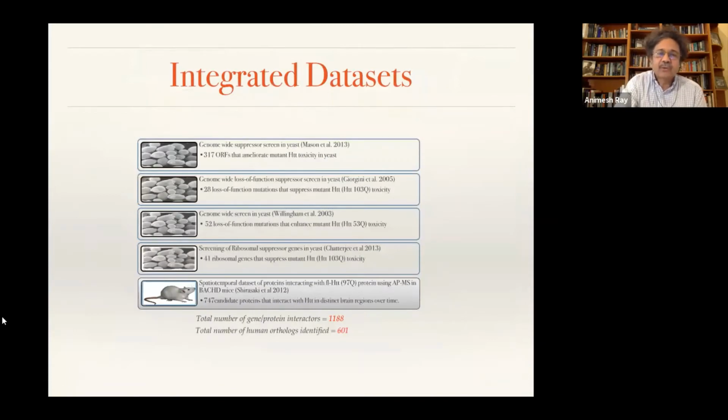So she began with a data set of a genome-wide suppressor screen in yeast published in 2013, which gave her 317 open reading frames that, if mutated, loss of function mutations in these 317 open reading frames or genes, suppressed the toxicity of human Huntington's disease protein.